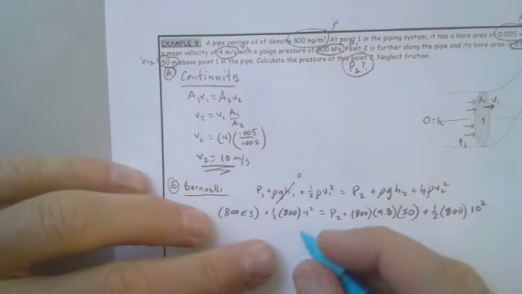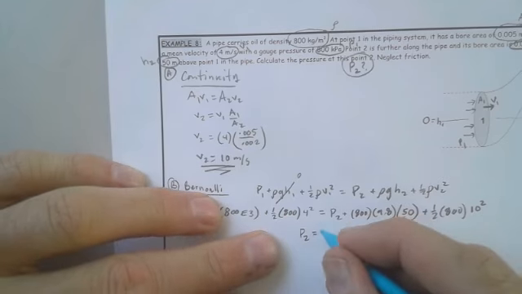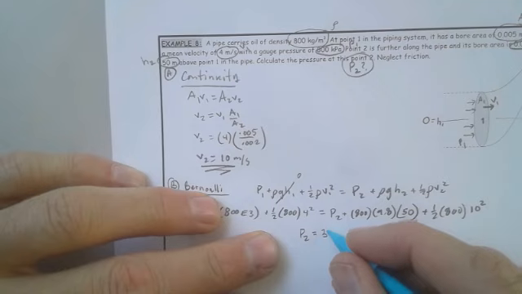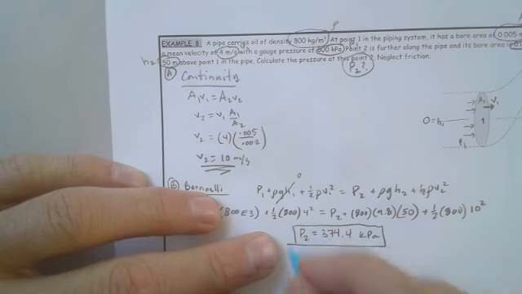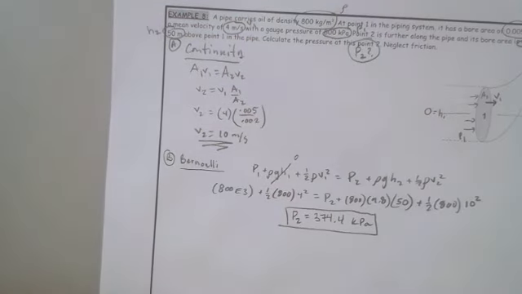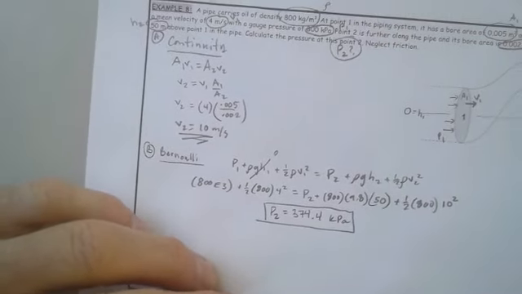And then you do some math, and you get pressure 2 is going to be 374.4 kilopascals, or 374,400 pascals.